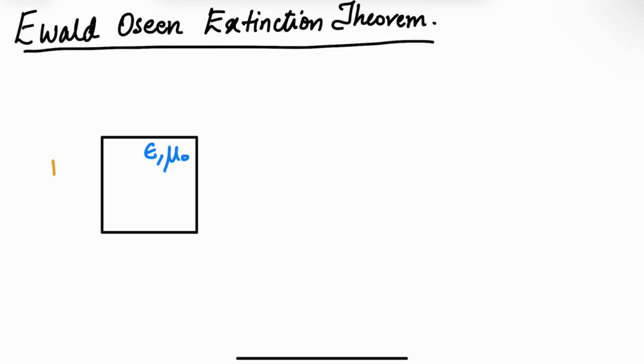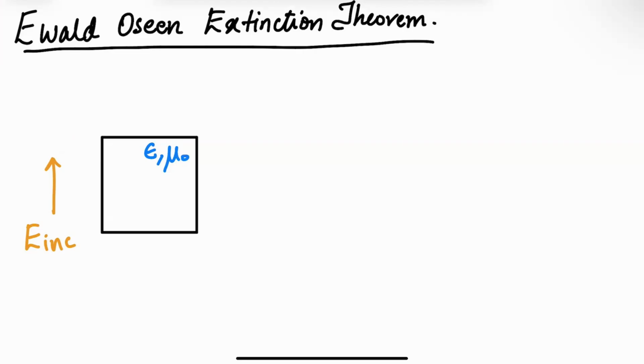So what is the incident field? The incident field is the field in space without this medium. Or you can think of it as a plane wave that's coming in from this direction. If you don't know what a plane wave is, just think of it as some incident field coming in from that direction, or something that exists in space without the medium.